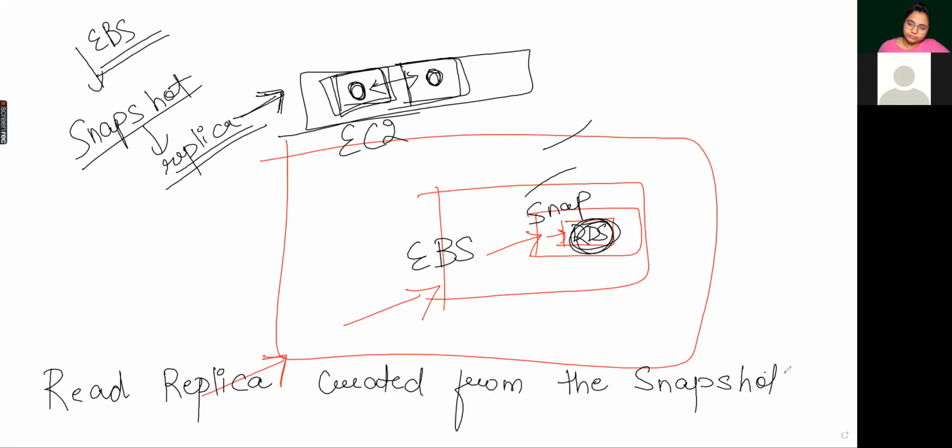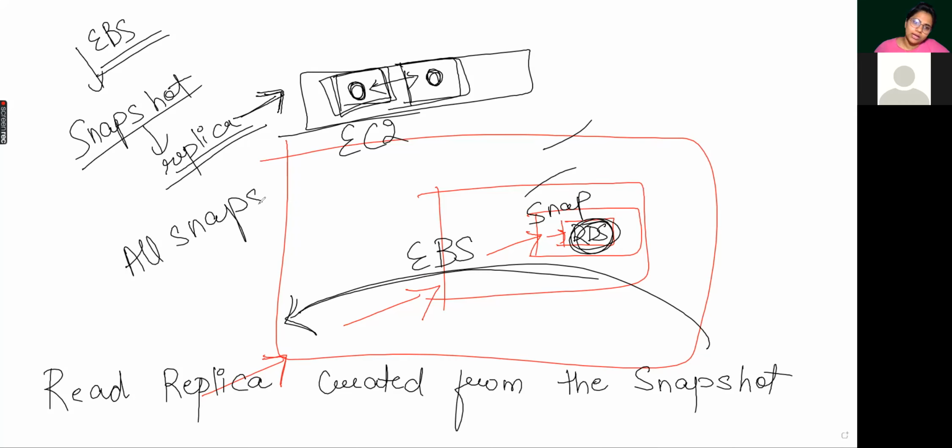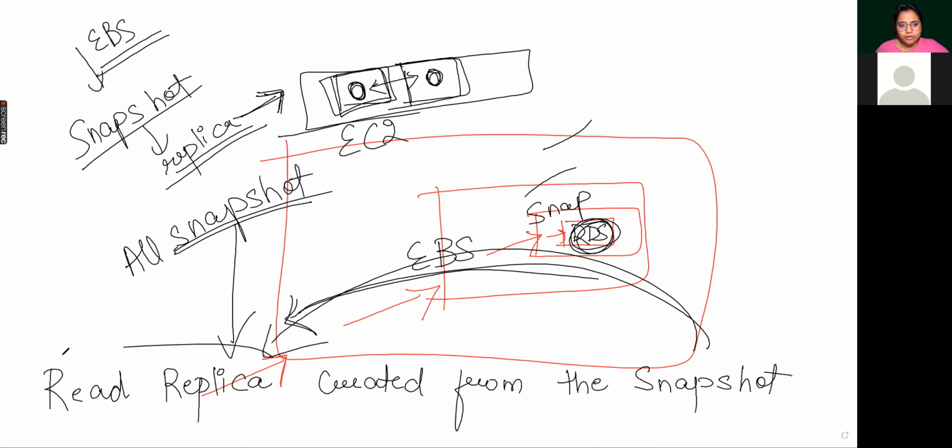If the snapshot is encrypted, then the replica is encrypted as well. Obviously, because we are taking the read replica of snapshots. We have already discussed that all the snapshots are encrypted, so their read replica that is created from the snapshot will be encrypted. Okay, that makes sense. Is it clear now? Yes, it's very clear.